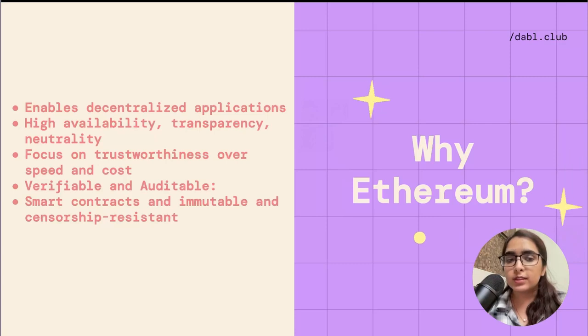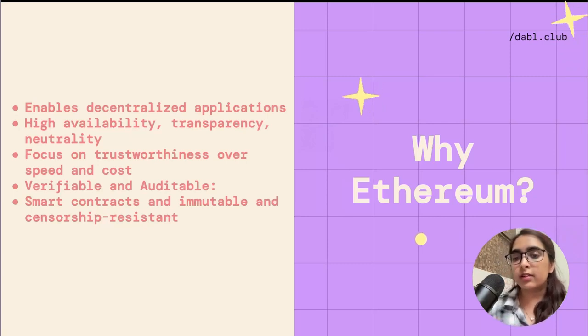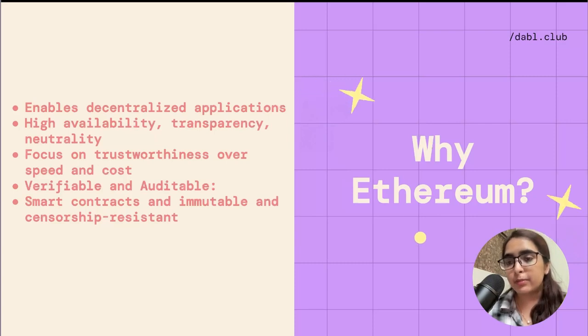So since it focuses on decentralization, we get trustworthiness, but the trade-offs here are speed and cost. The accounts and the contracts that are there are verifiable and auditable. That means that smart contracts are immutable, and once deployed you cannot change them. Unlike when we deploy stuff on Vercel, where you can change the deployment, or even delete the deployment, that is not the case on Ethereum.